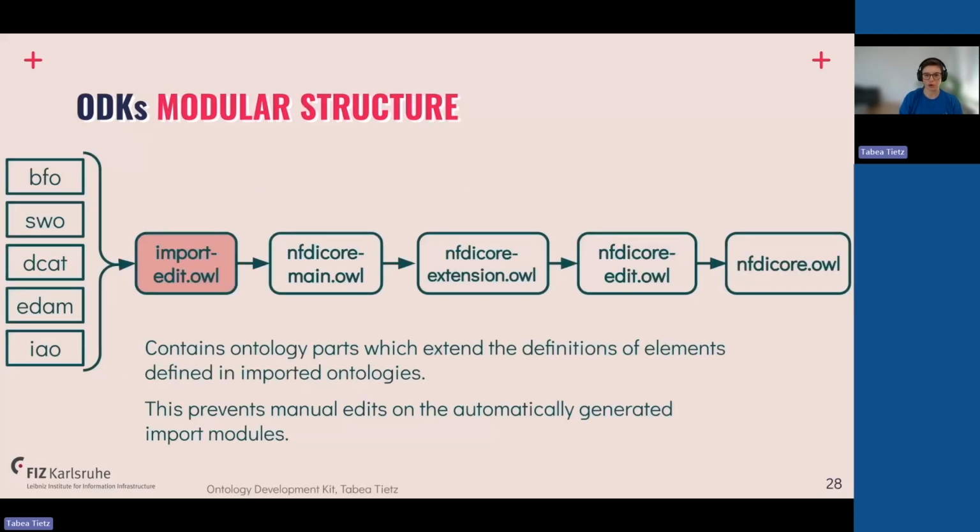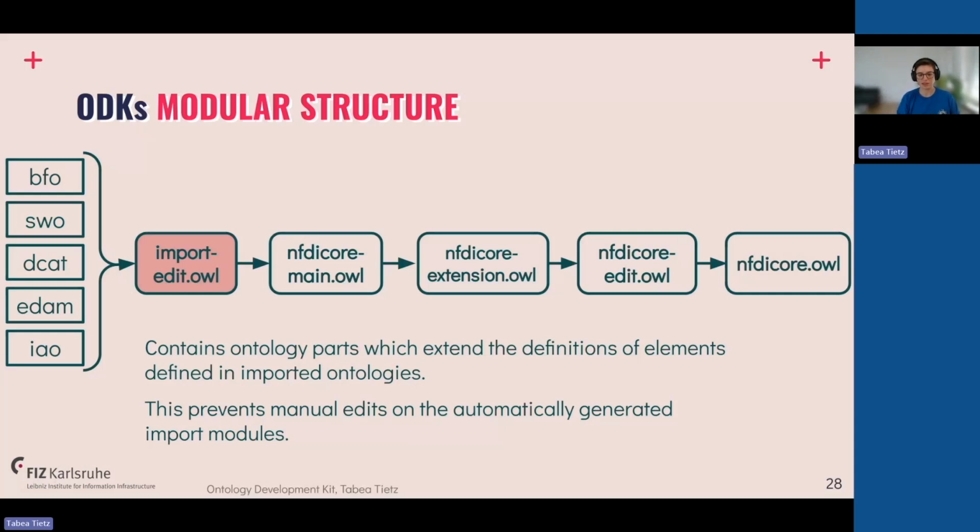Here's a brief overview of how this is used in NFDI core, but of course in other ontologies this can also be used differently. So what this means is on the left here we have the ontologies that we import, and our first module here is this import edit owl, and this contains all of the ontology parts that extend the definitions of the elements defined in these imported ontologies.